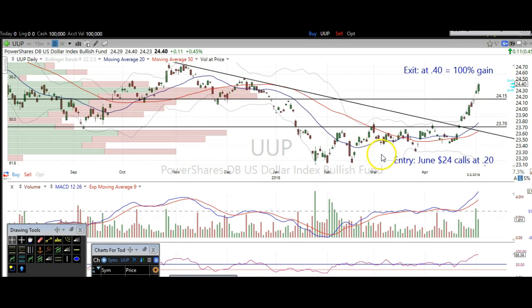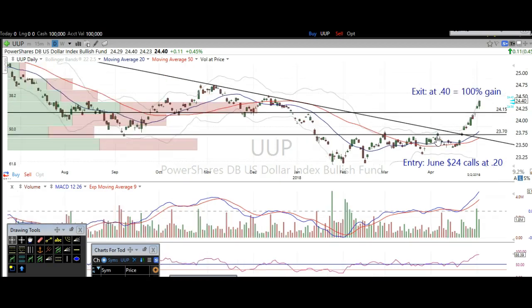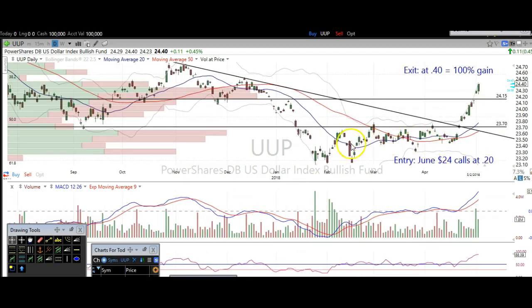We entered in this trade right around here, and I'll go over the trade in more detail, but I want to go over the parameters of why we entered this trade so that you can learn from this. The reason we entered is because we've been trading sideways a little bit in a very tight range.